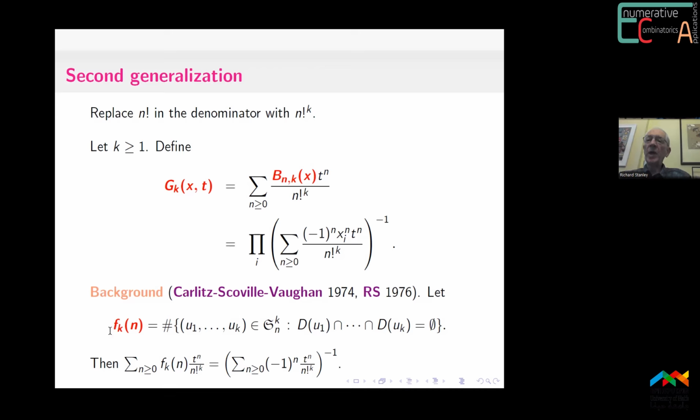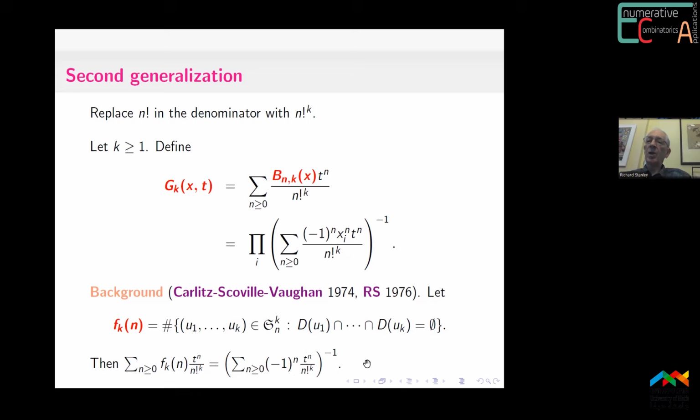Let F_k(n) be the number of k-tuples of permutations u_1 up to u_k, all elements of S_n, such that the intersection of their descent sets is empty. Then the k-fold exponential generating function of F_k(n) is the reciprocal of the sum of (-1)^n t^n over n factorial to the k.